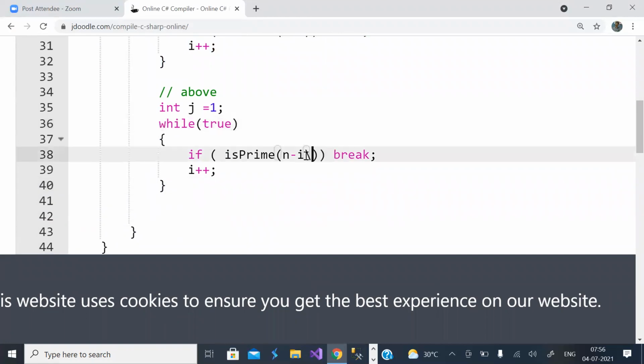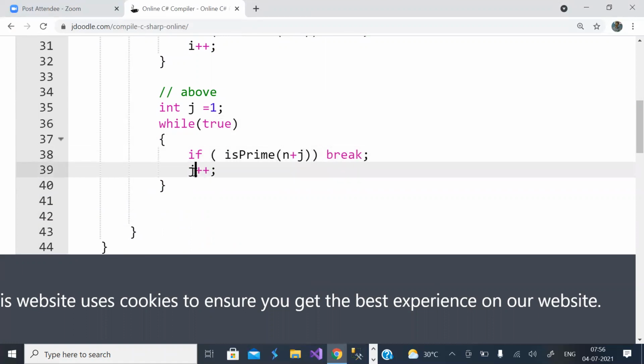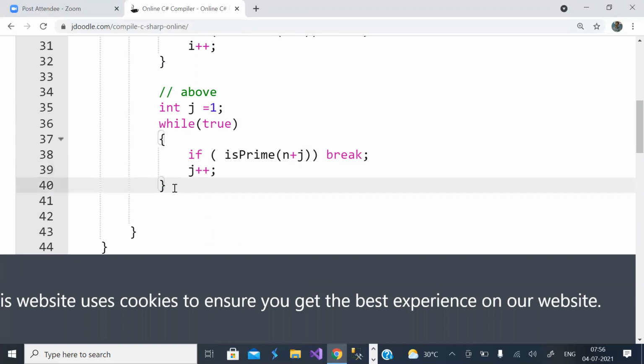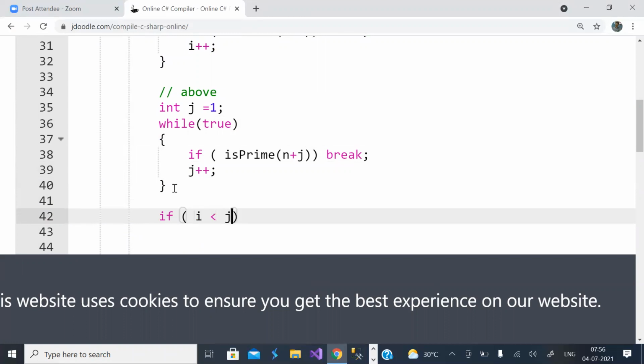This is n plus j, checking on the upper side, and this is j plus plus. Okay, now if i is less than j, then the prime is n minus i, the nearest prime.